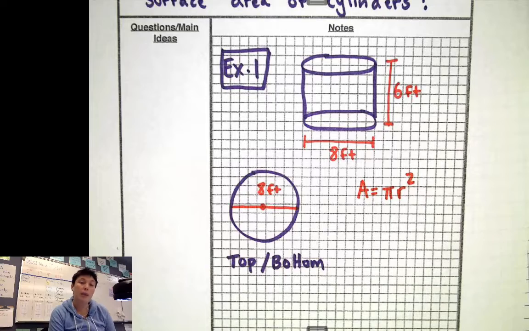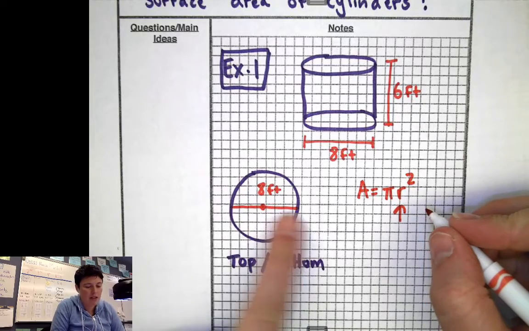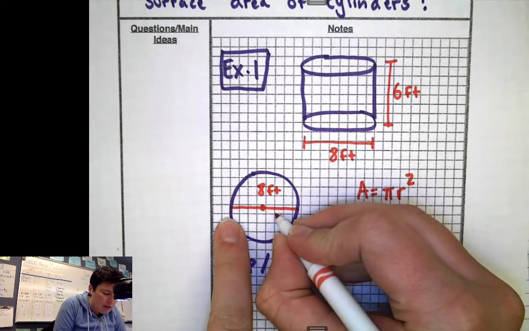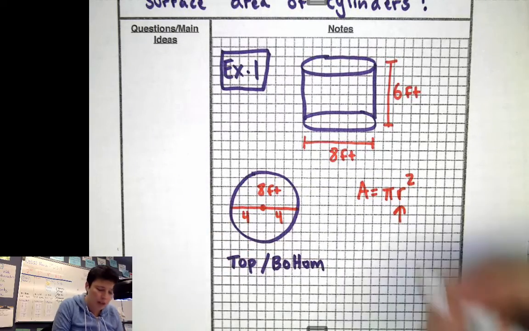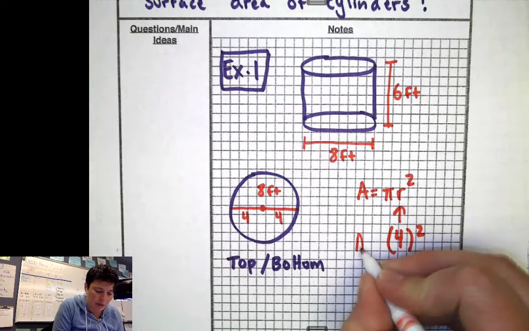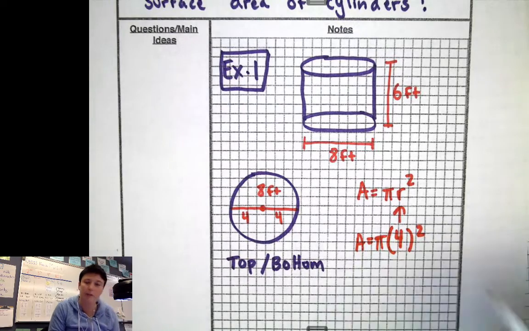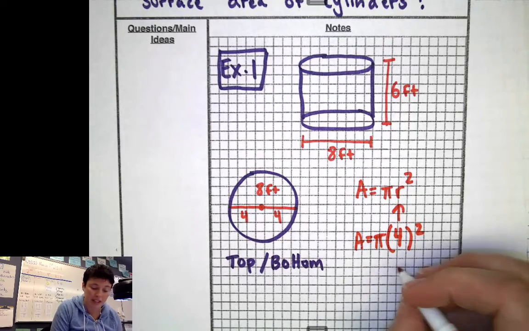So if area is pi r squared, what we really just need to know is what's r, so we can solve for it. Well, if the diameter is 8 feet, r would have to be 4 feet. It has to be 4 plus 4 to make 8. So we're going to put a 4 here, and we're going to be doing 4 squared. It'll be area equals pi times 4 squared. And 4 squared means 4 times 4, and we know 4 times 4 is 16.